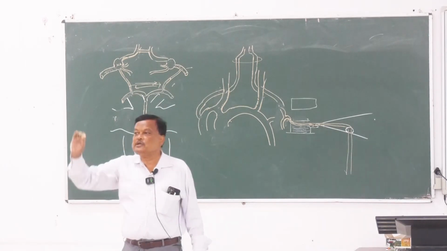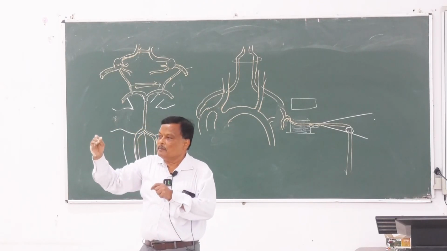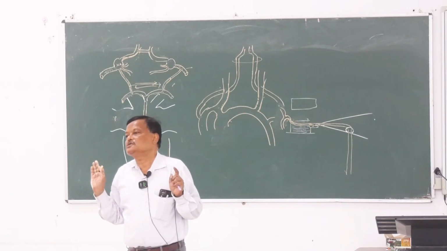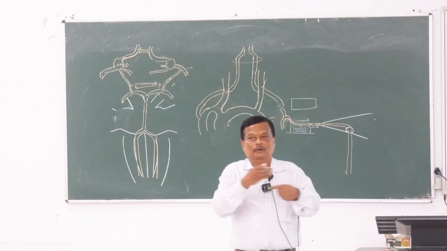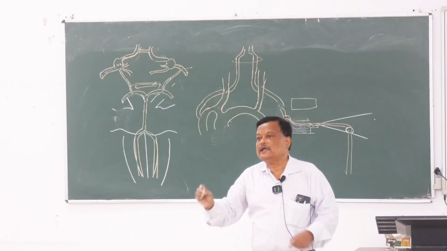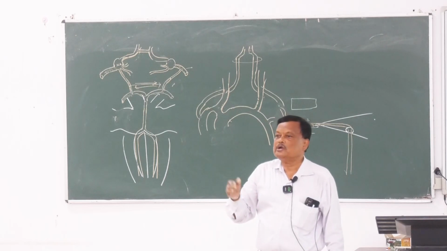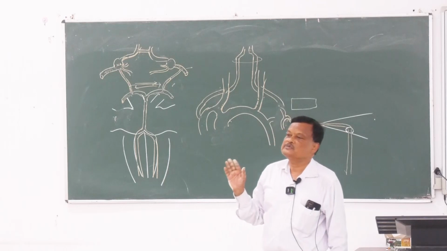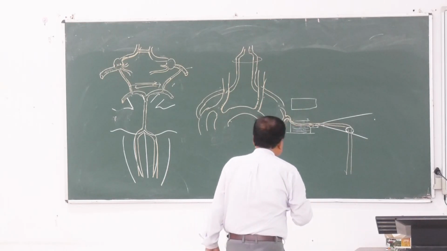So if there is a rise in blood pressure in the right side of the brain, the blood will shift to the left, so that blood pressure will be equal on two sides. So normally there is no crisscrossing of the blood. It acts only when there is an abnormality, rise of blood pressure, or blockage of artery, then the arterial circle of Willis comes into action. This is the main function of the arterial circle of Willis.